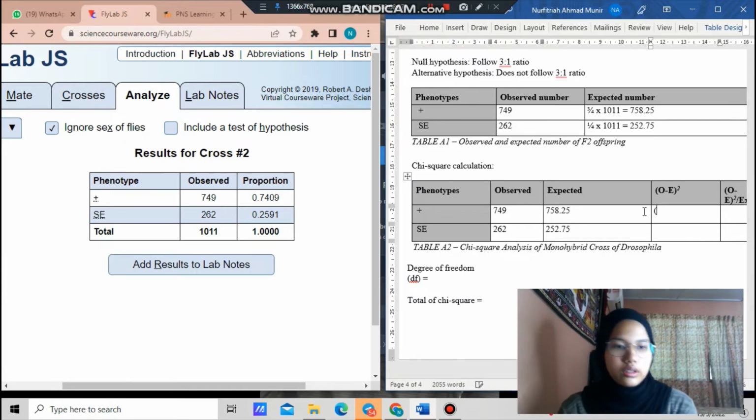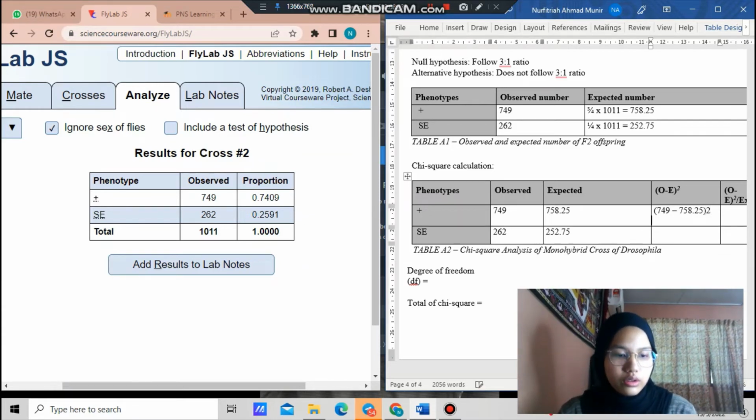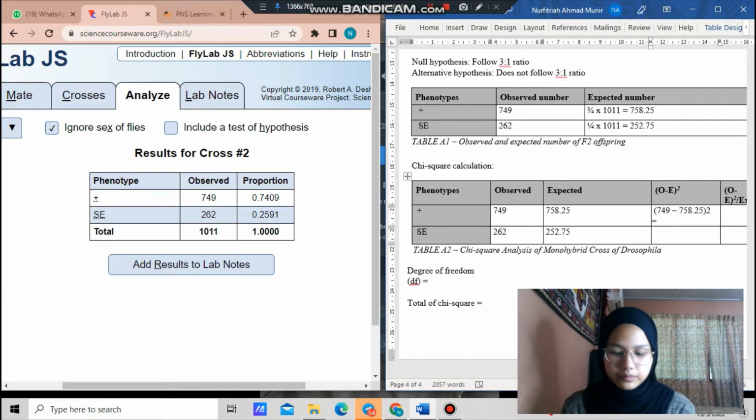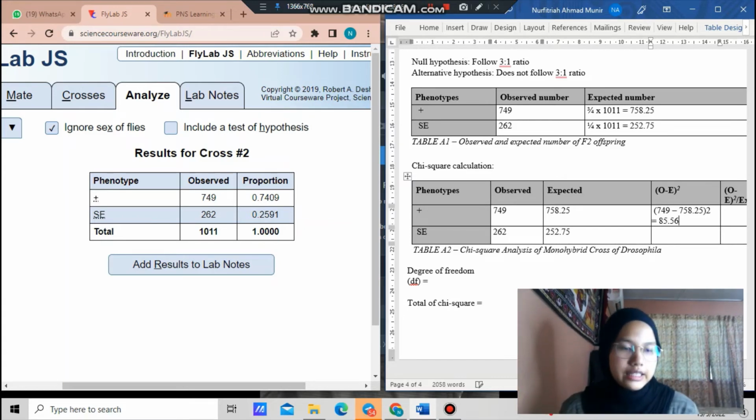So O is observed, 749 minus 758.25 squared. We got the total, which is 85.56.